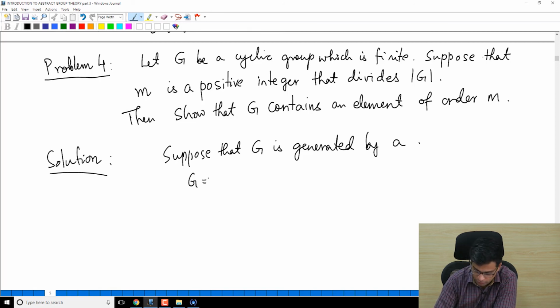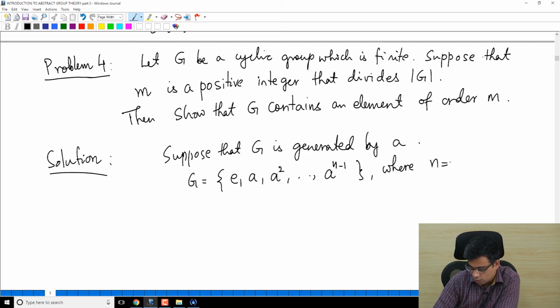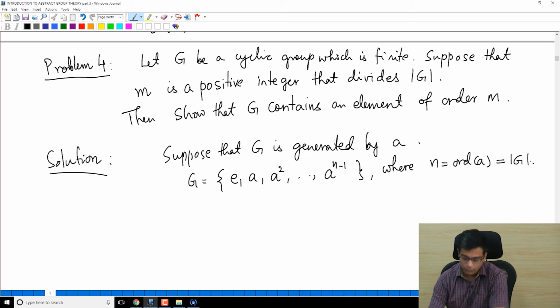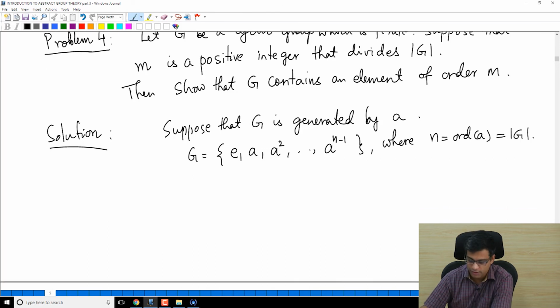So G must be of the form {E, A, A squared, ..., A power n minus 1}, where n is the order of A as well as the order of the group. G has n elements and the order of A is n.